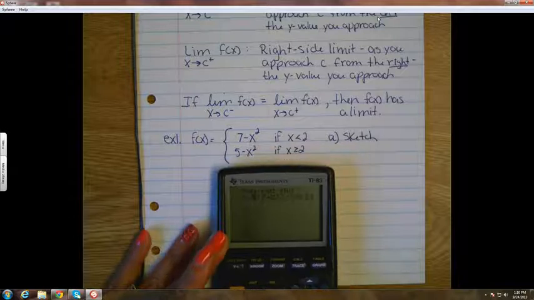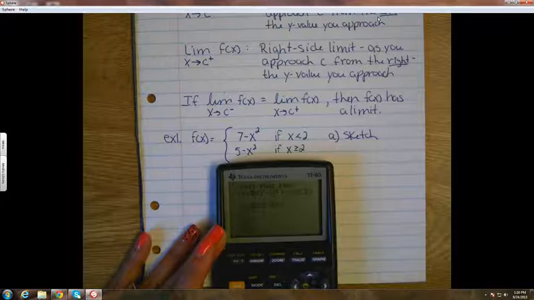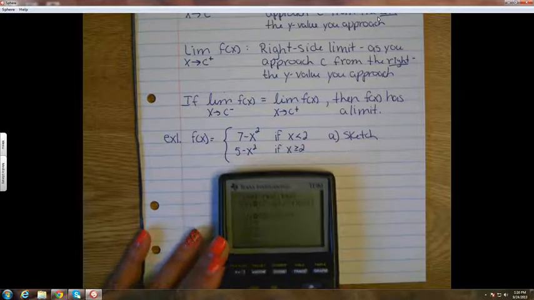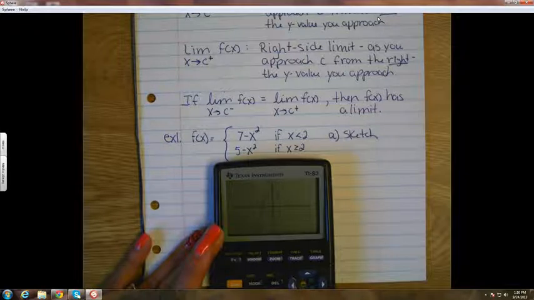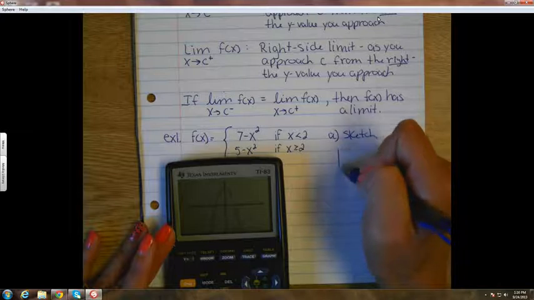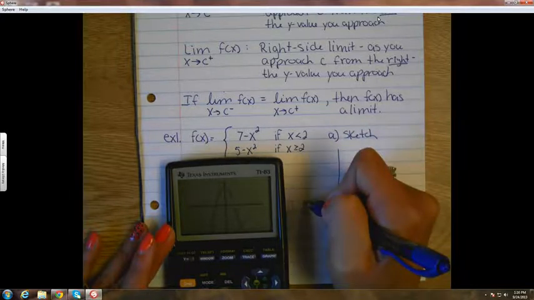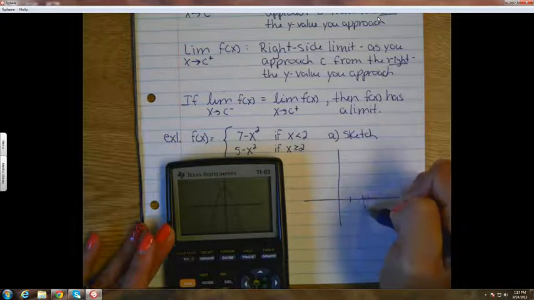Second piece of the equation, in parentheses, 5 minus x squared, and then x is greater than or equal to 2. I think that fits. If not, I can change it. Okay. So 2 is our breaking point on our domain.